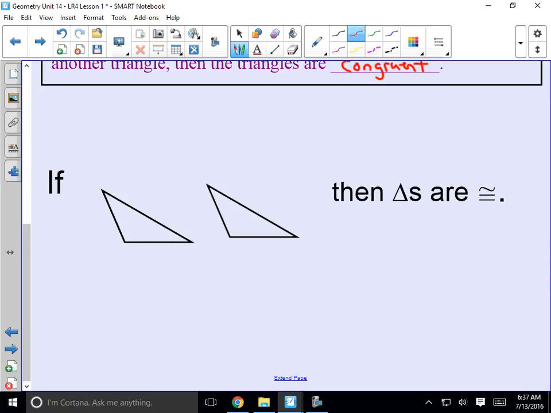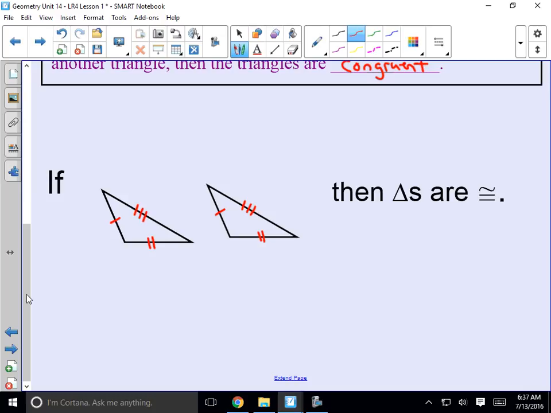Okay, and it makes sense because if we only have certain lengths, if this one's a 1 tick mark, this one's a 1 tick mark, if these are a 2 tick mark, these are a 2 tick mark, and this is a 3 tick mark, if those lengths are the same, there's only one way we can put them together to make a triangle.